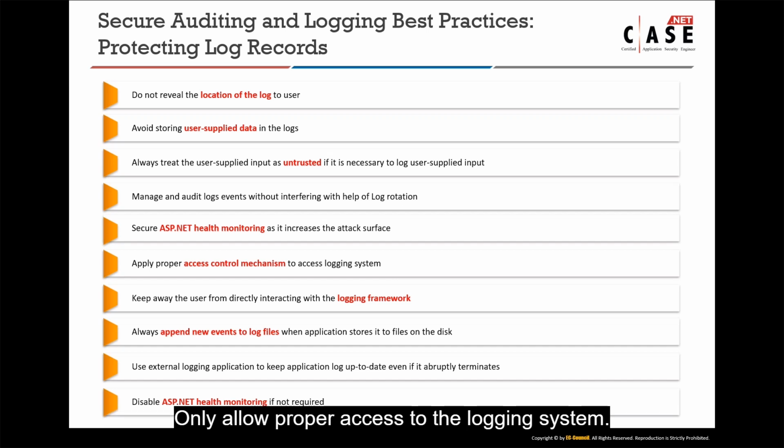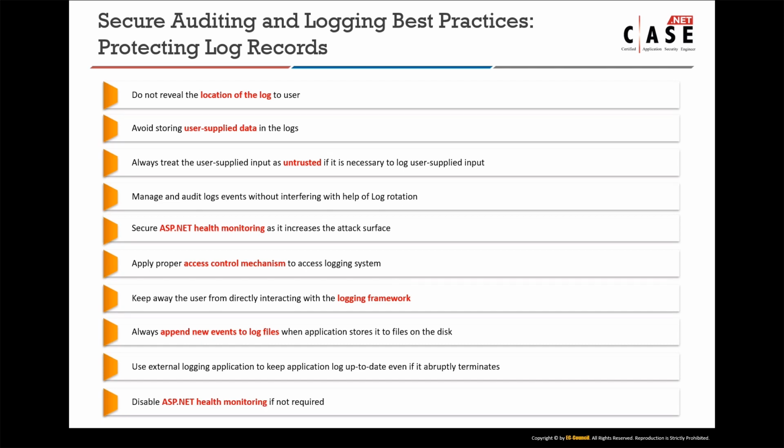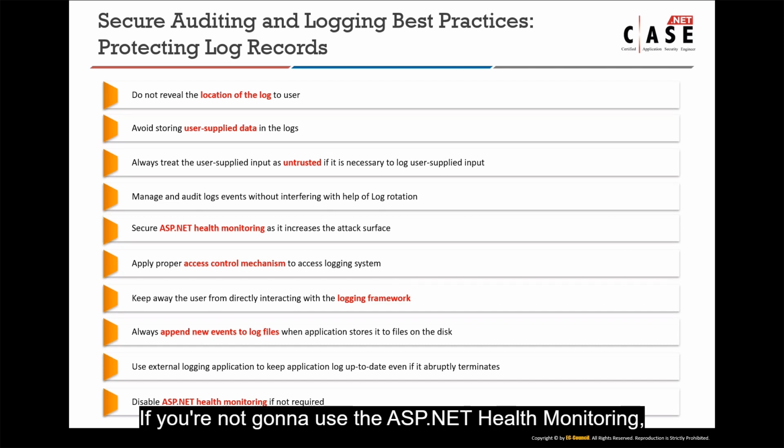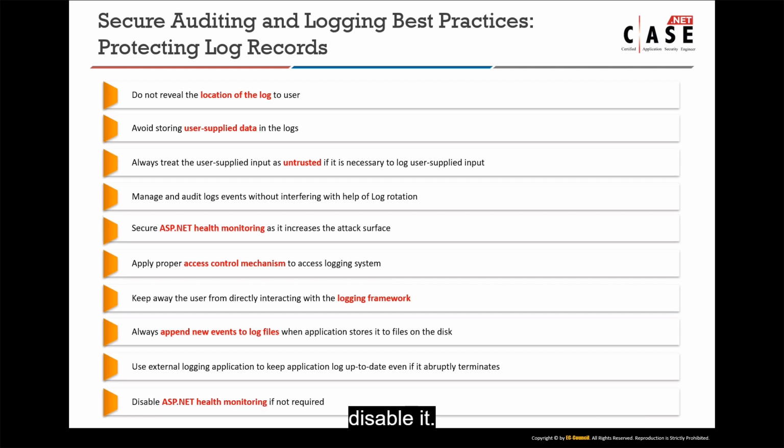Only allow proper access to the logging system. That should be tightly controlled. Keep everything away from the user. The user should not even know about the logging framework or be able to interact with it. Any external logging applications must be kept up to date. If you're not going to use the ASP.NET Health monitoring, disable it, but I recommend that you use it.